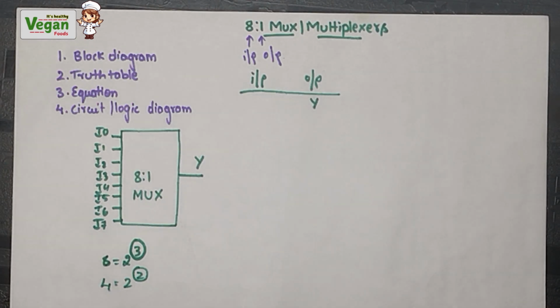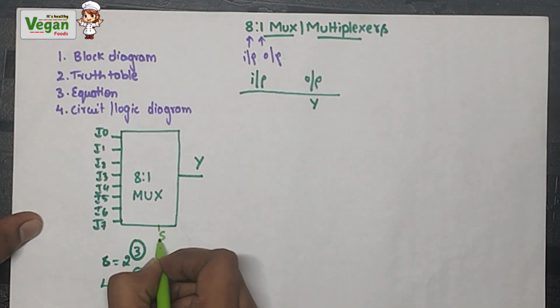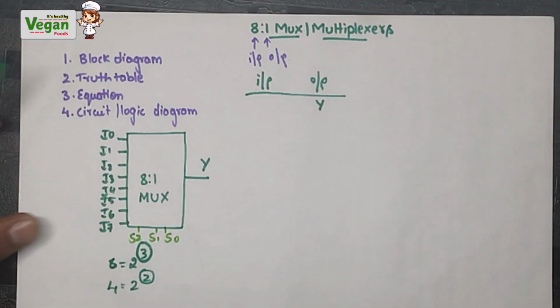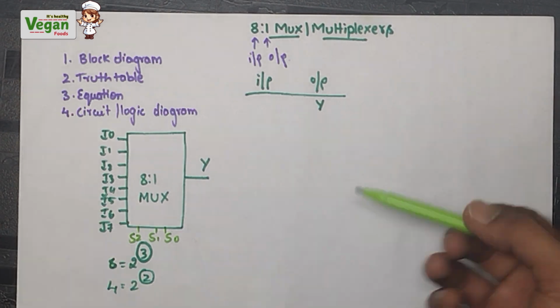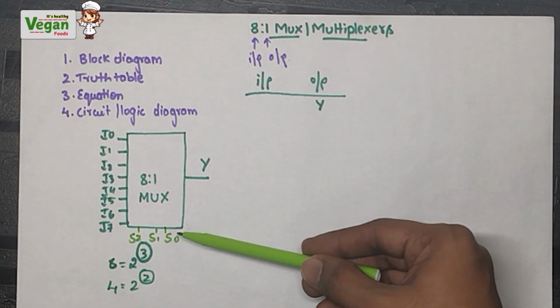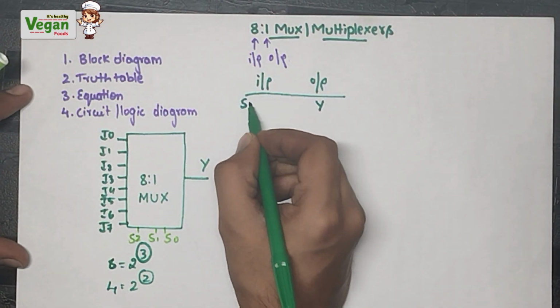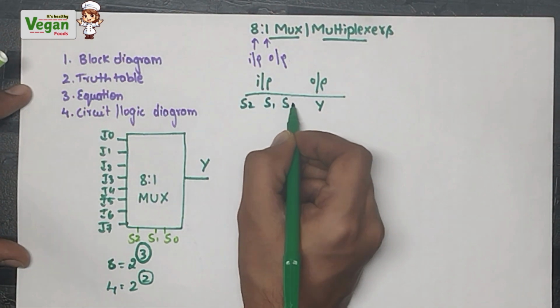So let me call them S0, S1 and S2. You can name them anything, but I call them selective line 0, selective line 1 and selective line 2. Now these selective lines will be acting as inputs in the 8:1 MUX. So let's write them: S2, S1 and S0.